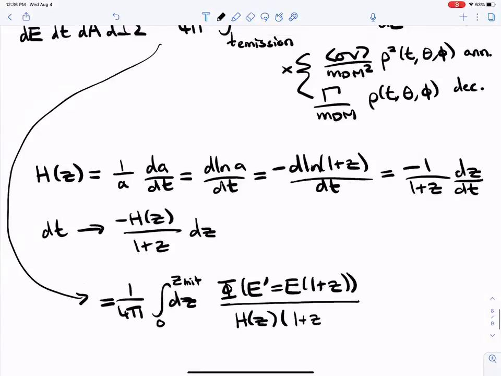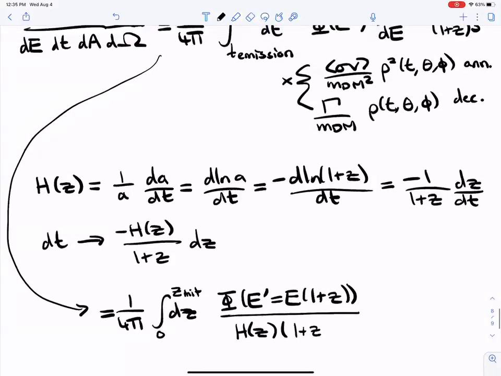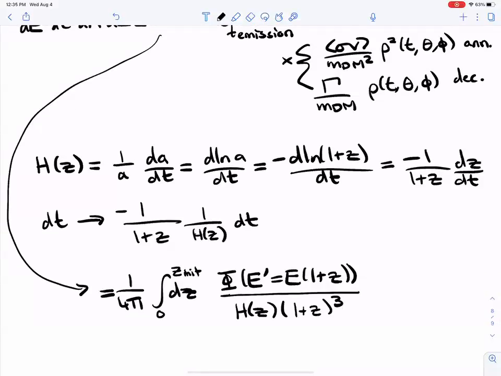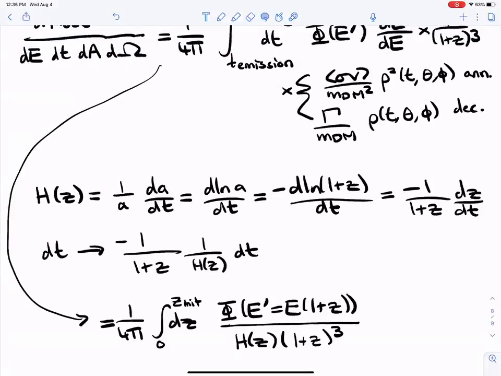Oh, wait, hang on. Did I mess up the h of z placement? Yeah, sorry. dt should be 1 over h of z dz. Sorry about that. Have a 1 plus z cubed back to here.